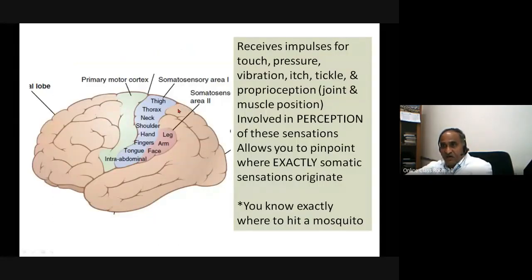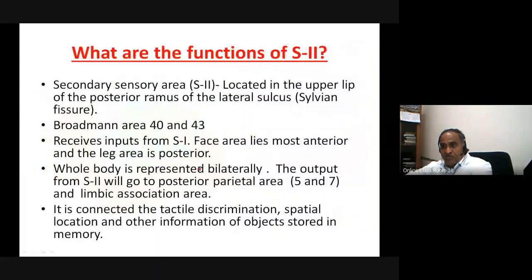So 5 and 7 are here, and the limbic association area here. So the output from S2 will go to 5 and 7, the association area, and the limbic association area.